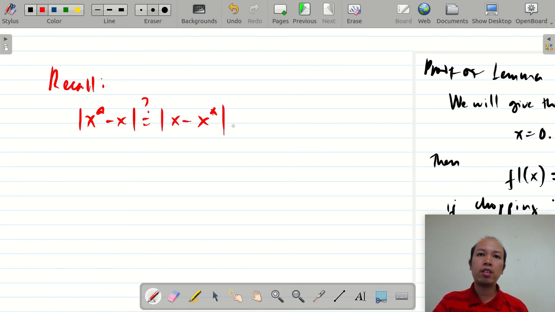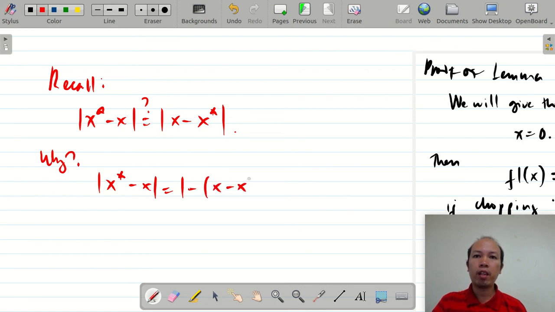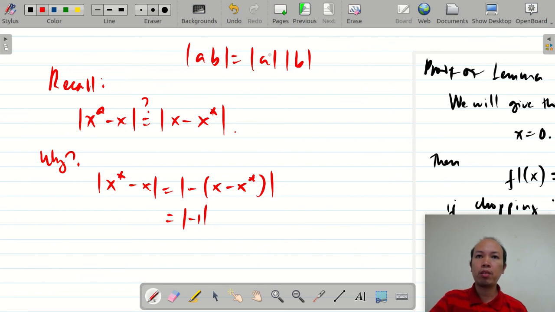Why? Because it can be written as negative 1 times x minus x asterisk, and just like in high school, the absolute value of AB is the same as the absolute value of A times the absolute value of B. So we can separate using this property.